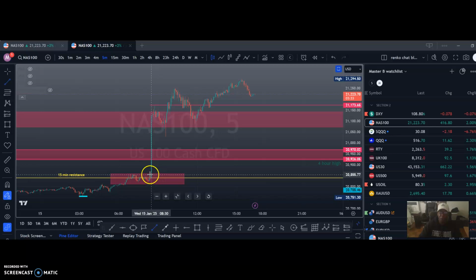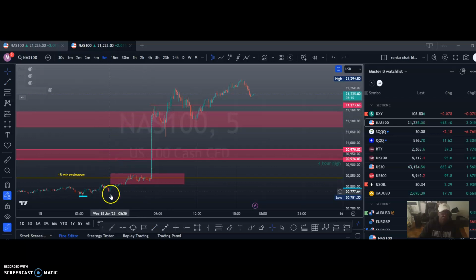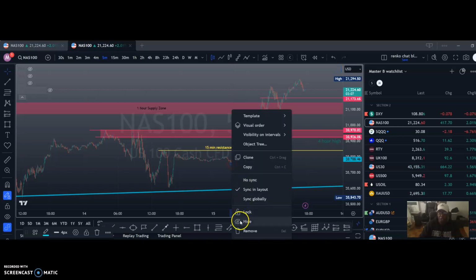But if you're not sitting at your desk and you caught this coming out, you want to wait and just let that go. Wait for the correction. And on the correction, there's your trade for the continuation. That is how we are creating market structure from our prep work on the charts.